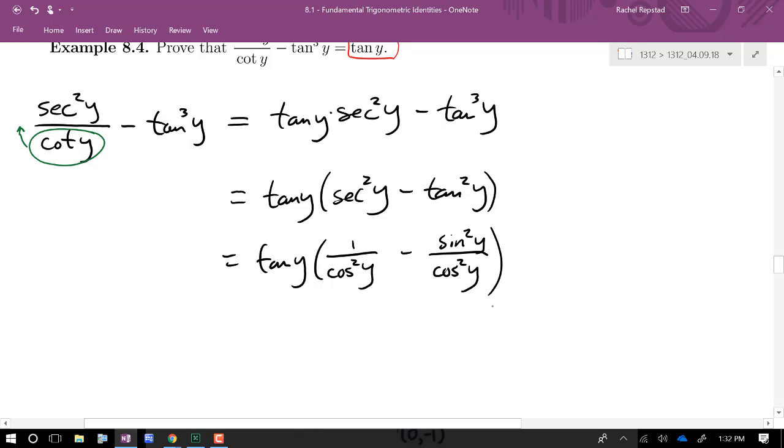What can we do now? Yeah, they've already got a common denominator, so that's kind of convenient. So it would look like that. And where can we go from here?